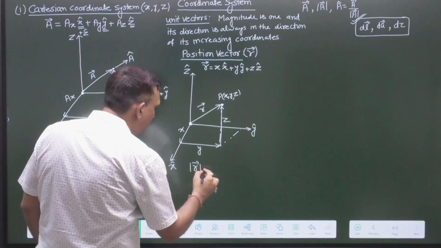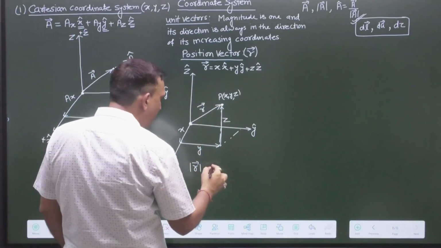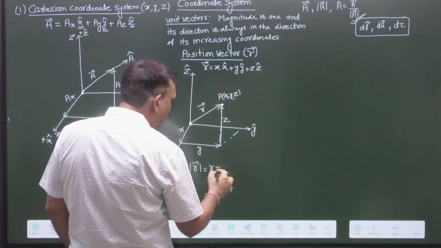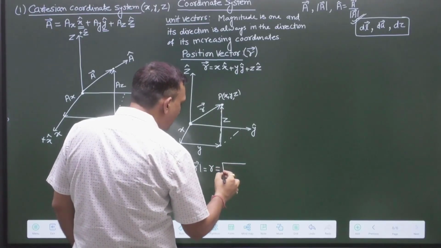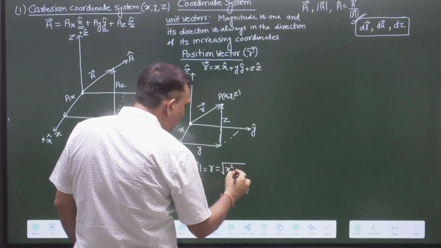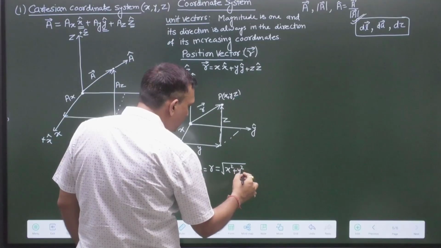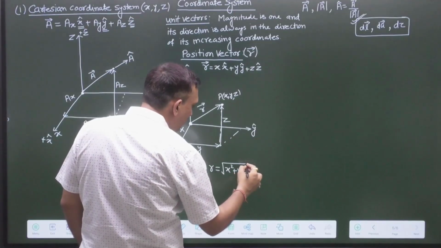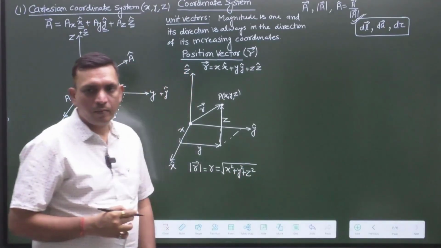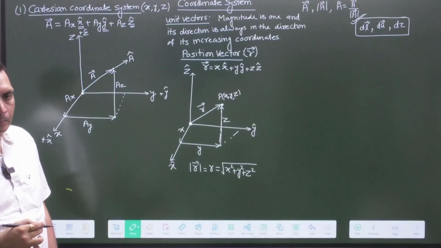This length from origin to point P is represented by small r, and that is given by the square root of X squared plus Y squared plus Z squared. Okay?